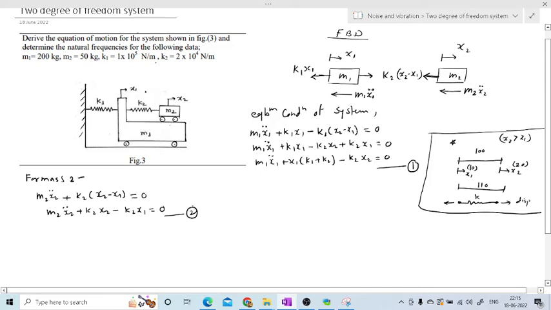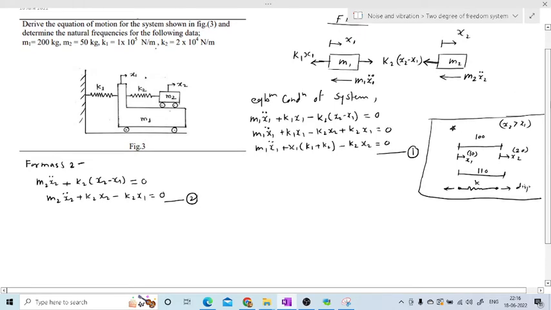So we have equation 1 and equation 2. Now in these equations, just see, there is x1, there is x2, there is x1 double dot and x2 double dot. So we can write the solution of equation 1 and 2. See, these two are the differential equations of vibration, and the vibration is SHM.